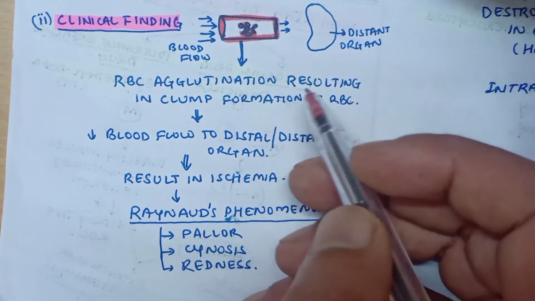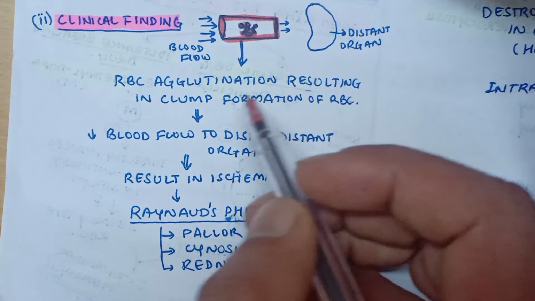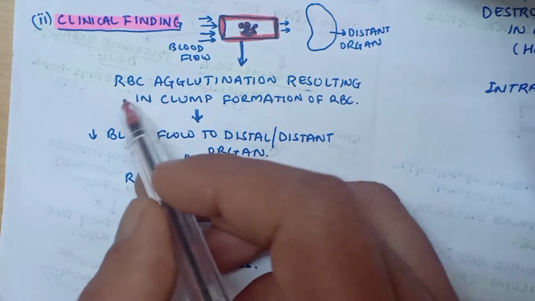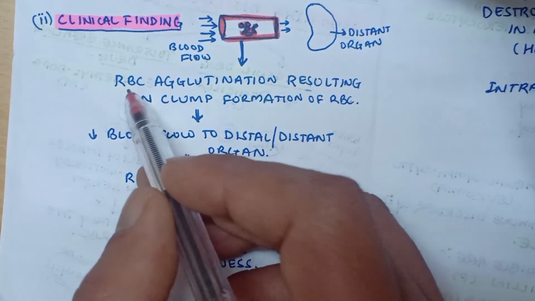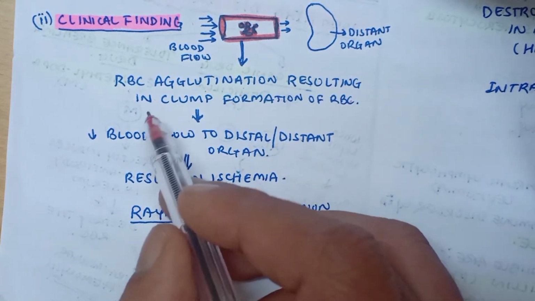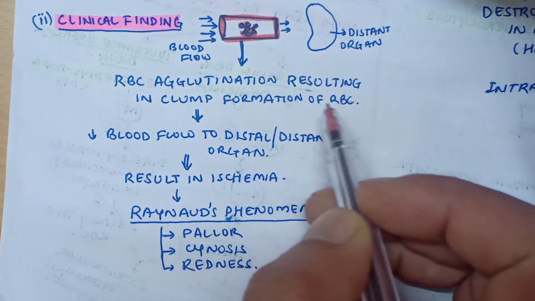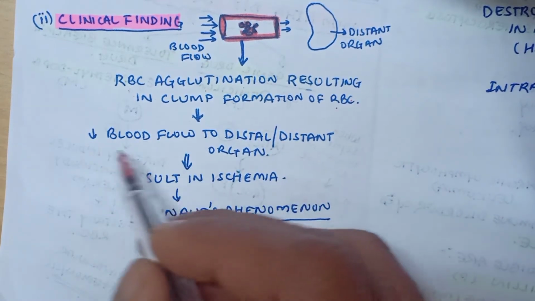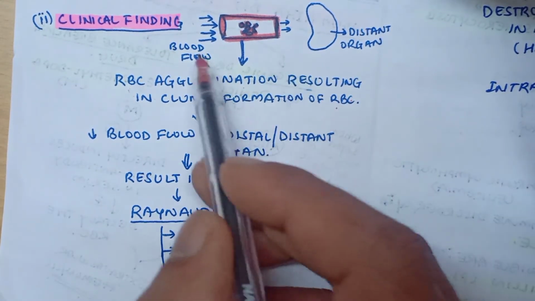So in cold agglutinin disease, there is agglutination of RBC, and this will result in clump formation of RBC. So this will decrease the blood flow to the distal and distant surface.